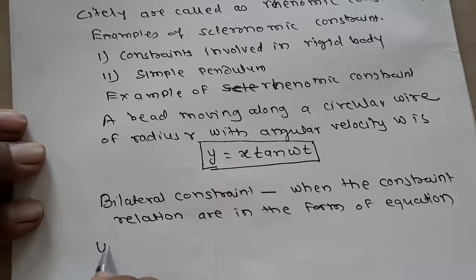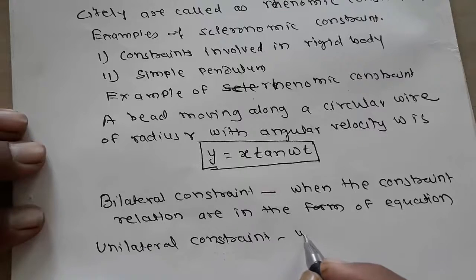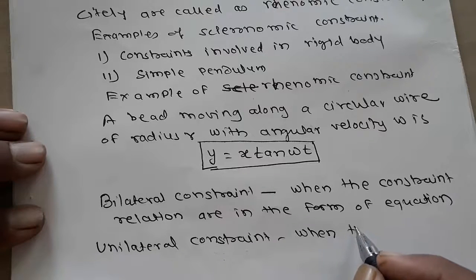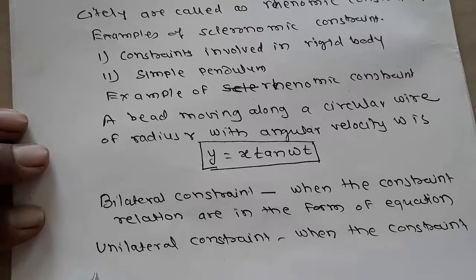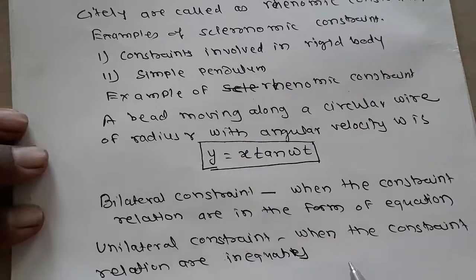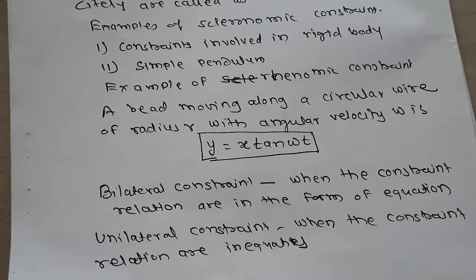Now second, unilateral constraint. When the constraint relations are inequalities, then such constraints are called unilateral constraints. That means in a unilateral constraint there is a greater than sign or less than sign.